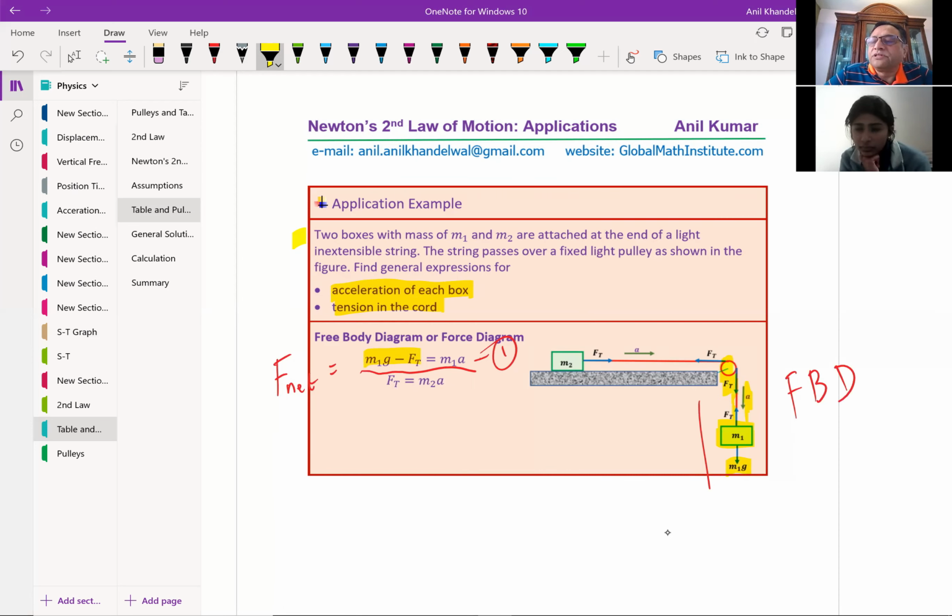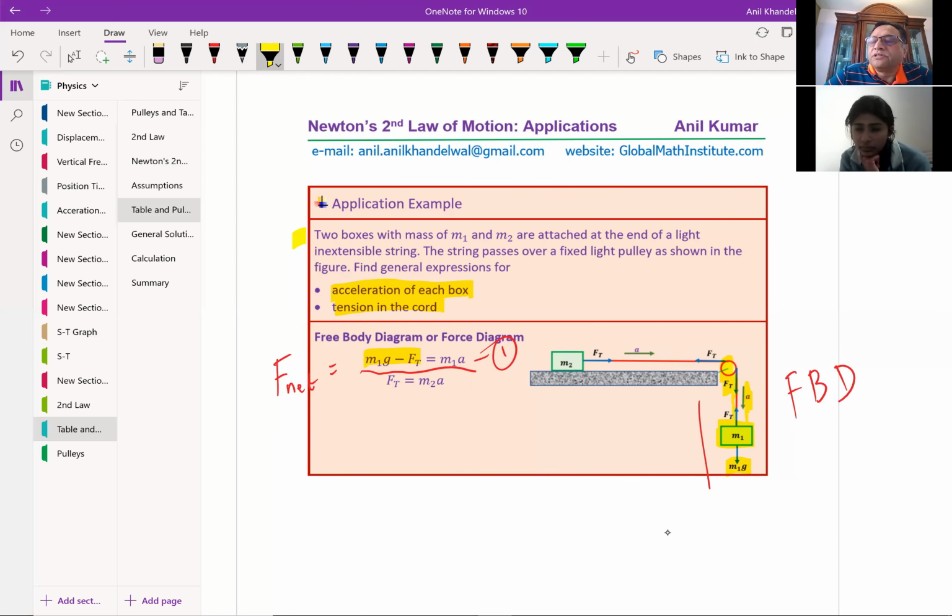Because of the pulley, it is transmitted to the other end of the string with the same value, because the string has negligible mass. That tension pulls the second mass, and the acceleration remains the same.